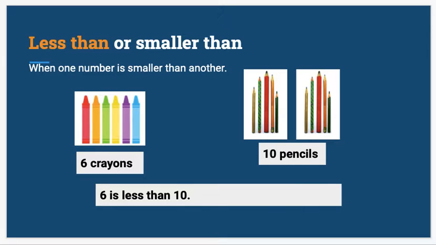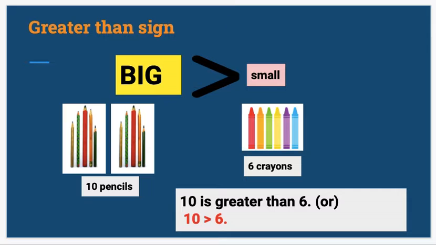Now let's look at the symbol. Like in math, we have seen the addition symbol, the plus sign. For subtraction, we have the minus sign. So similarly, for greater than, we have a math symbol, and this is our math symbol. It looks like a V, right? The letter V on its side.